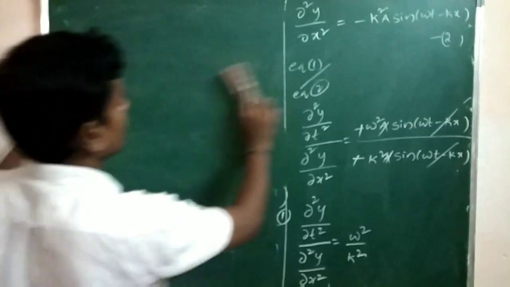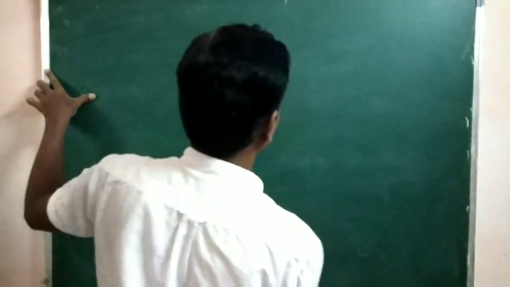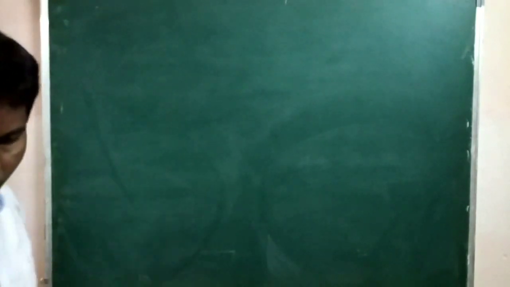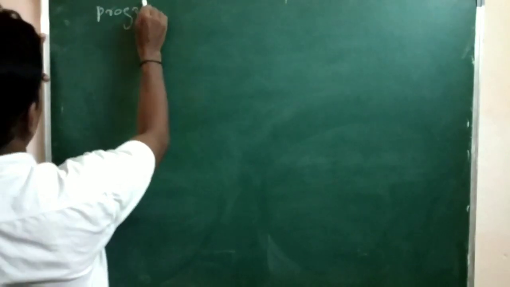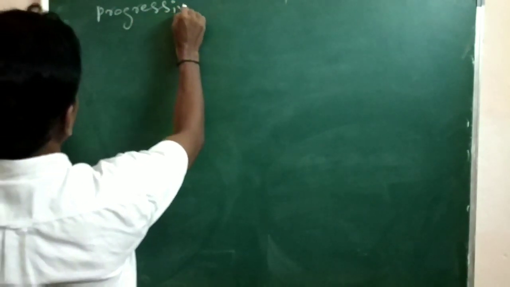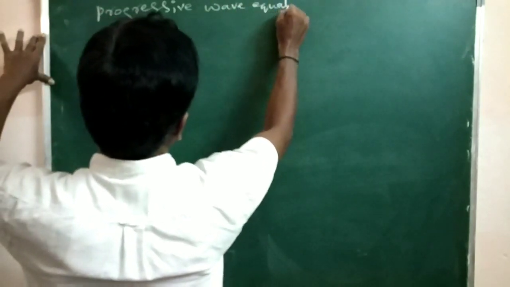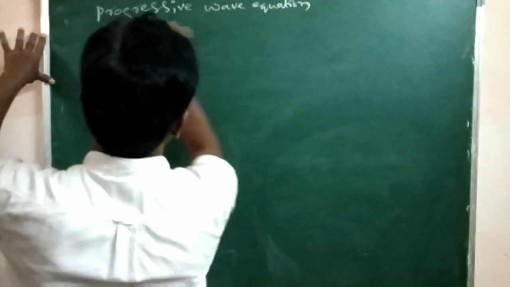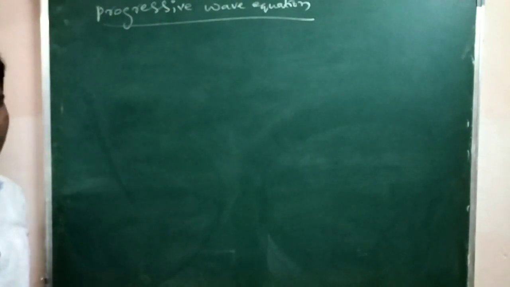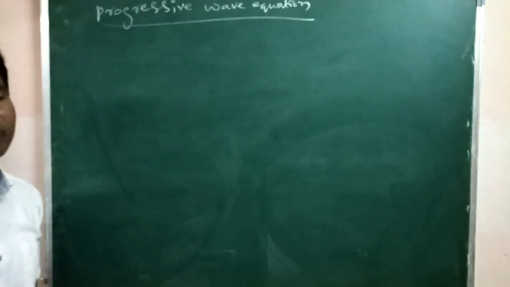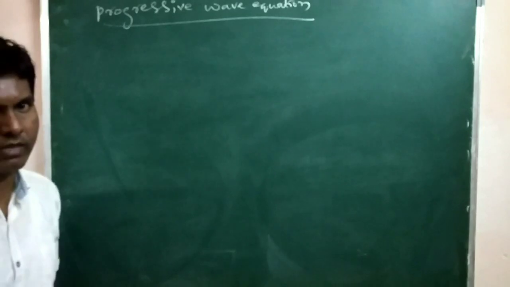Next one is the progressive wave equation. In a wave having a number of particles, they are vibrating about their mean position.